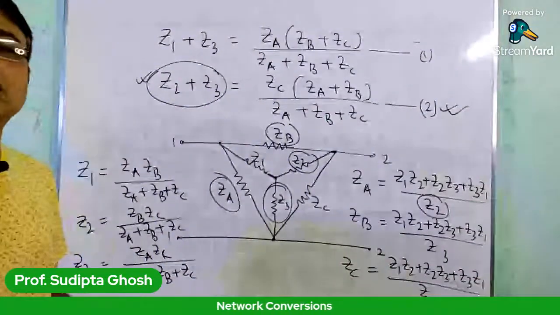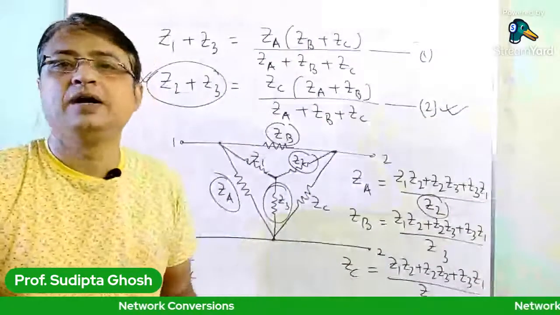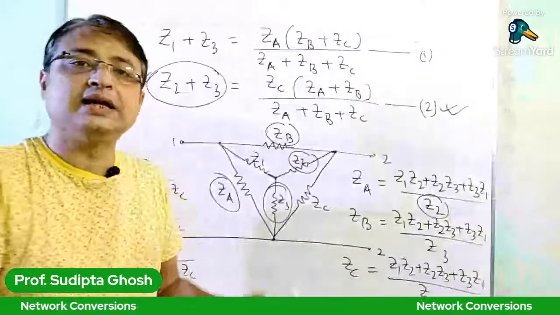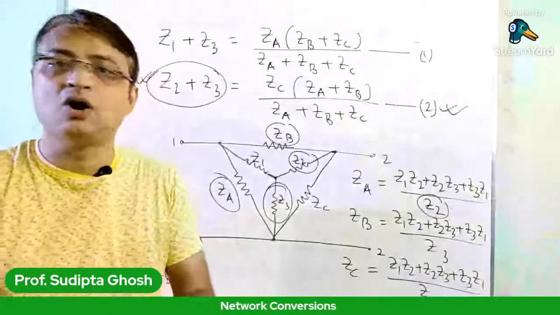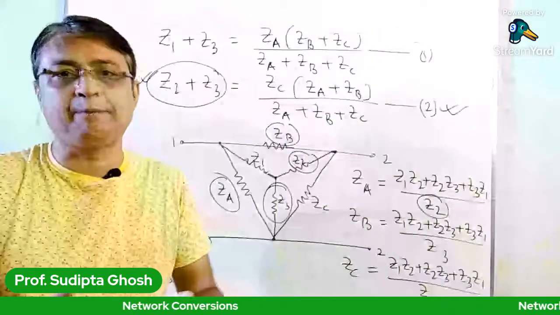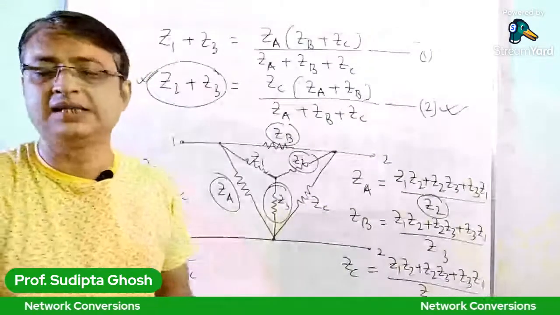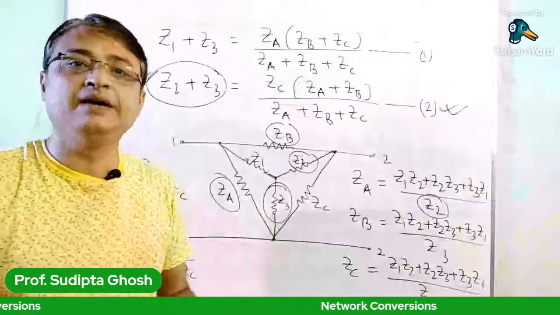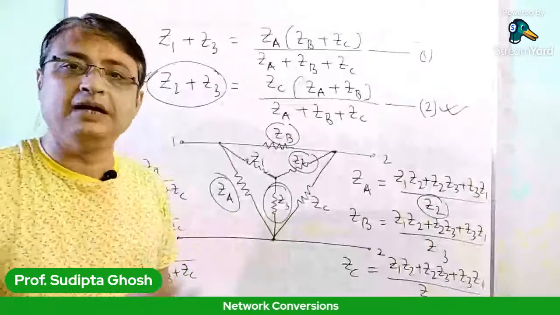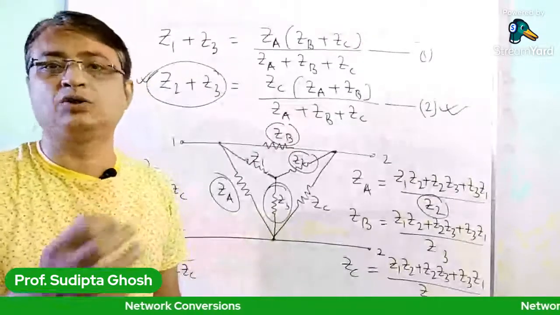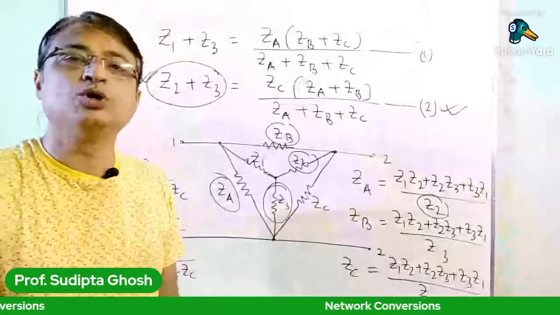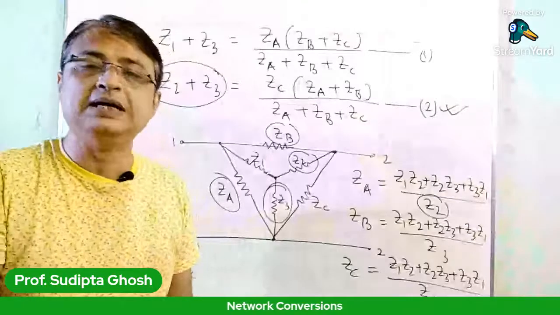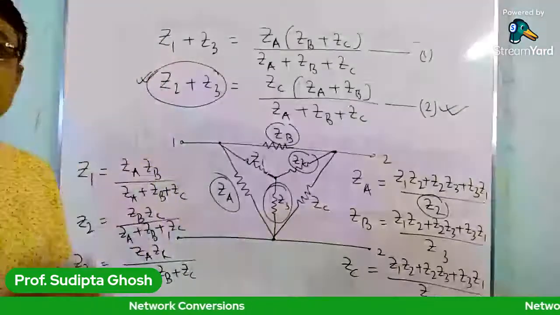If it is a theoretical question, that is, how to convert a T network into a pi or vice versa, then you have to derive this entire thing. But if a problem comes to convert a T network into a pi or a pi into a T, you have to remember these six equations at once.